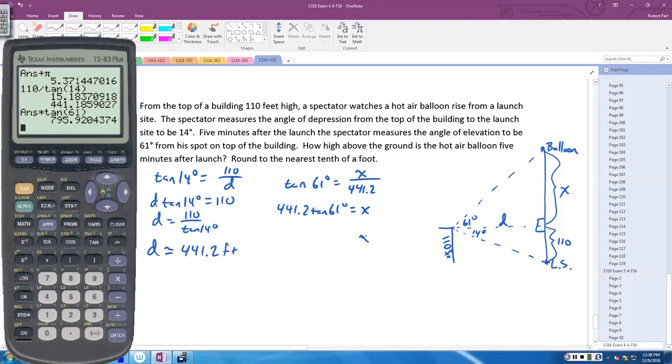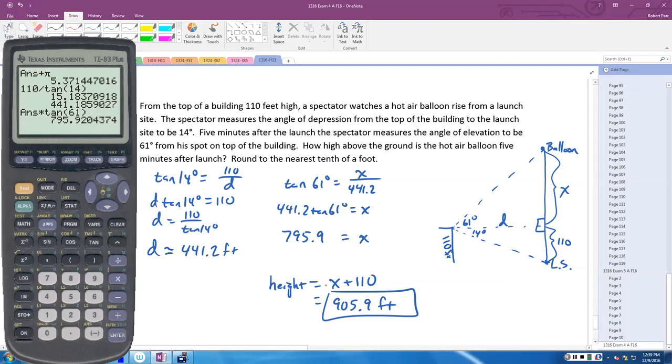So x is 795.9. So the height of the balloon is x plus 110. That would be 905.9 feet. Look good?